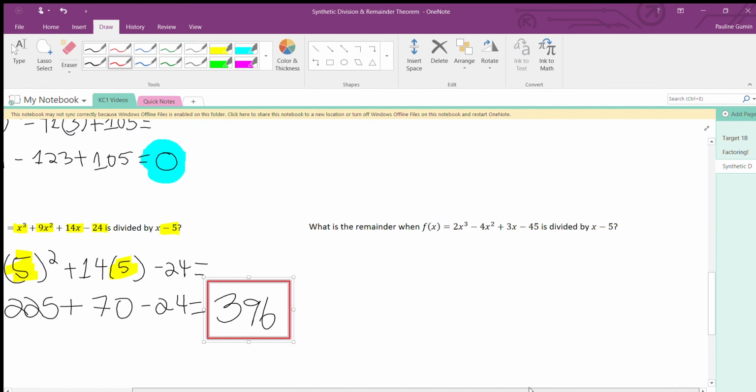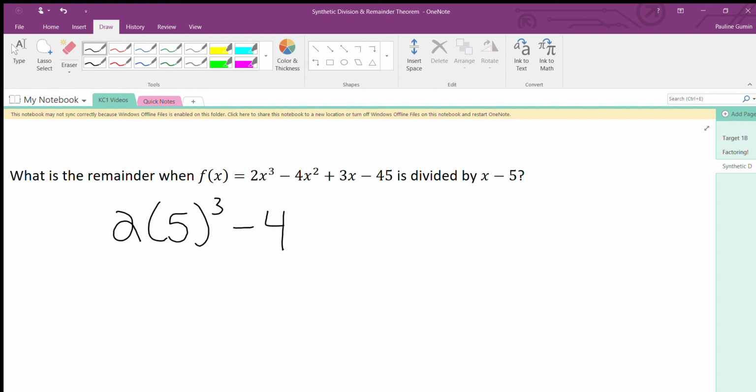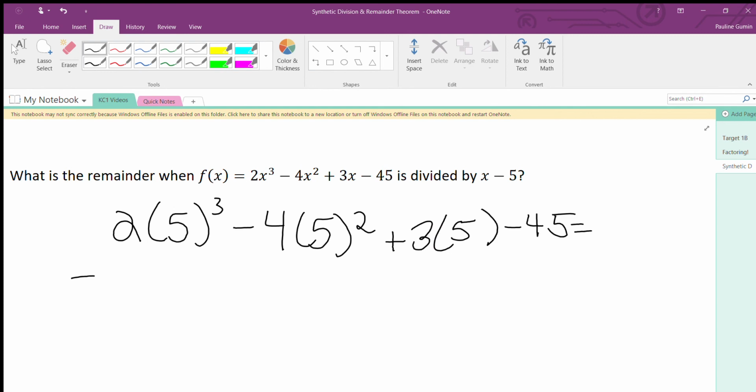All right, one more. What is the remainder when f of x is divided by x minus 5? Once again, all we have to do is plug things in. Let's do it. 2 times 5 to the power of 3 minus 4 times 5 to the power of 2 plus 3 times 5 minus 45. As usual, I am going to simplify just a teensy bit.